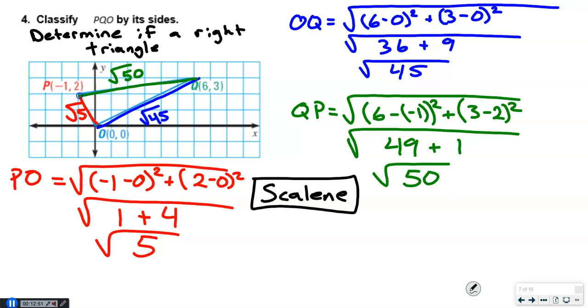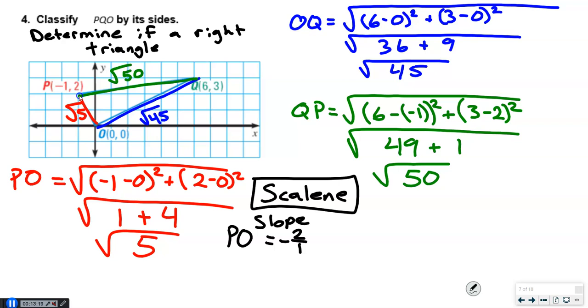So from O to P, I go up 2 and left 1, so up 2 and -1. So we're dealing with PO's slope, which is -2 over 1 or 2 over -1. So we get -2 over 1 for PO's slope.